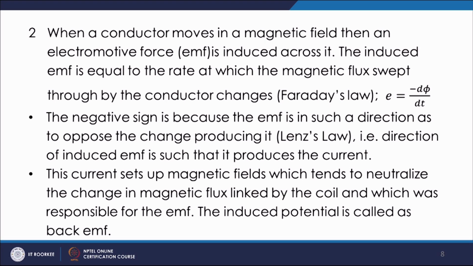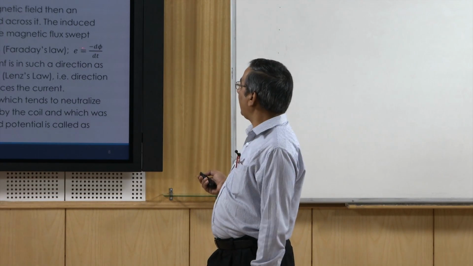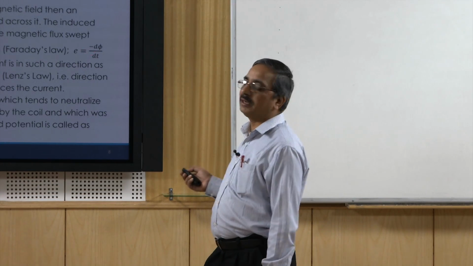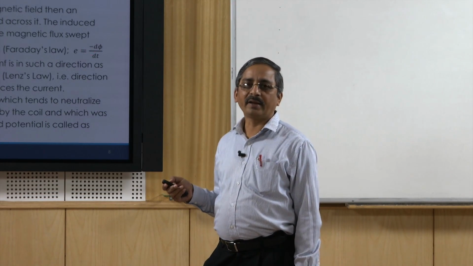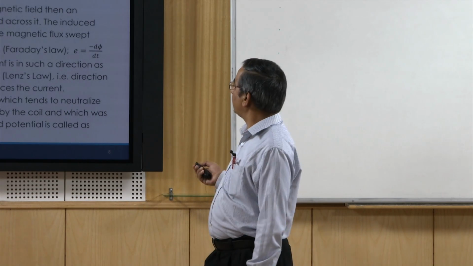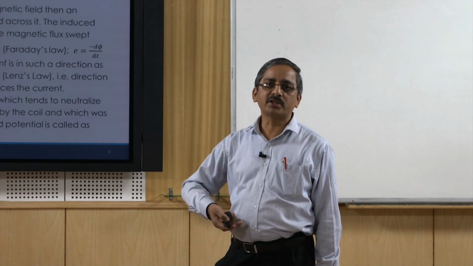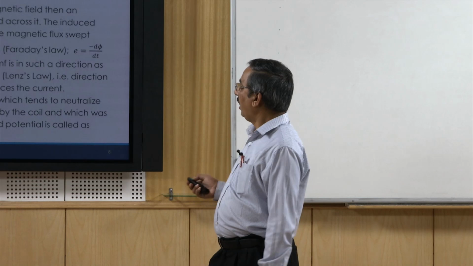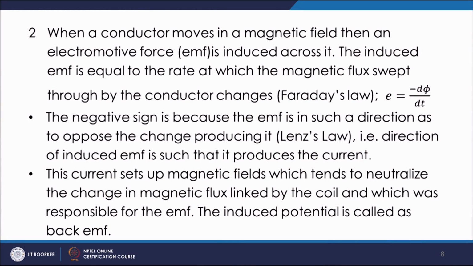Or in short, we say that E is equal to minus d phi by dt. And this minus sign, as you know, comes from Lenz's law, which basically means that its direction is such that it opposes the cause generating it. Or the negative sign is because this EMF direction is such as to oppose the change producing it.